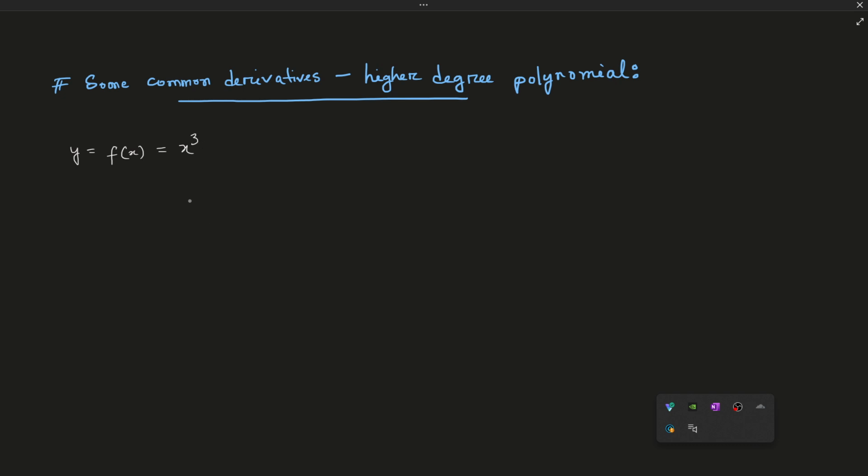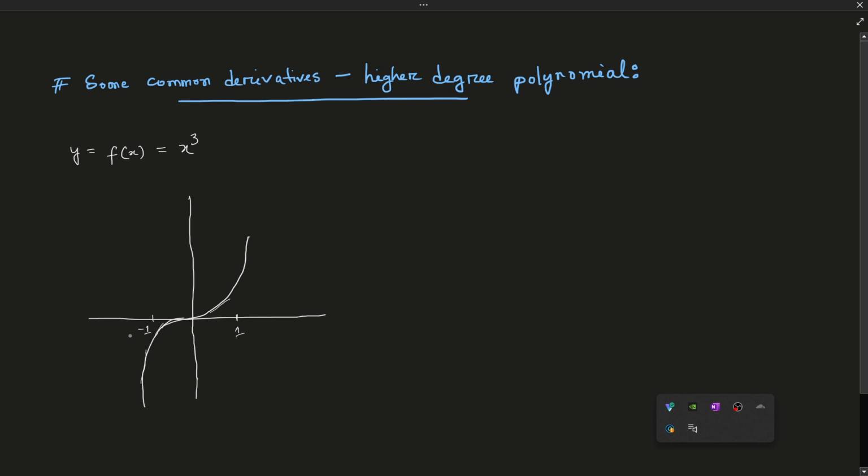Let's draw the graph here, and the curve is something like this. We can draw the tangent line. Suppose this is our point 1, and suppose this is our minus 1.